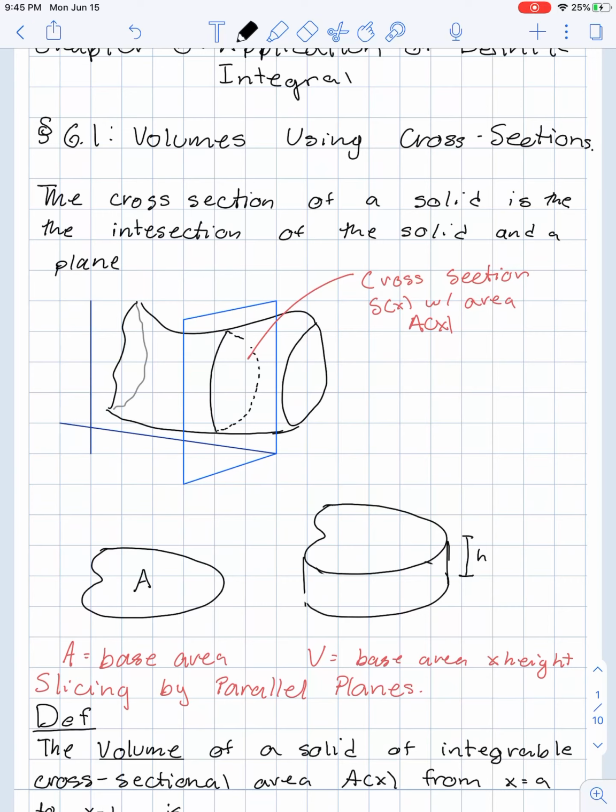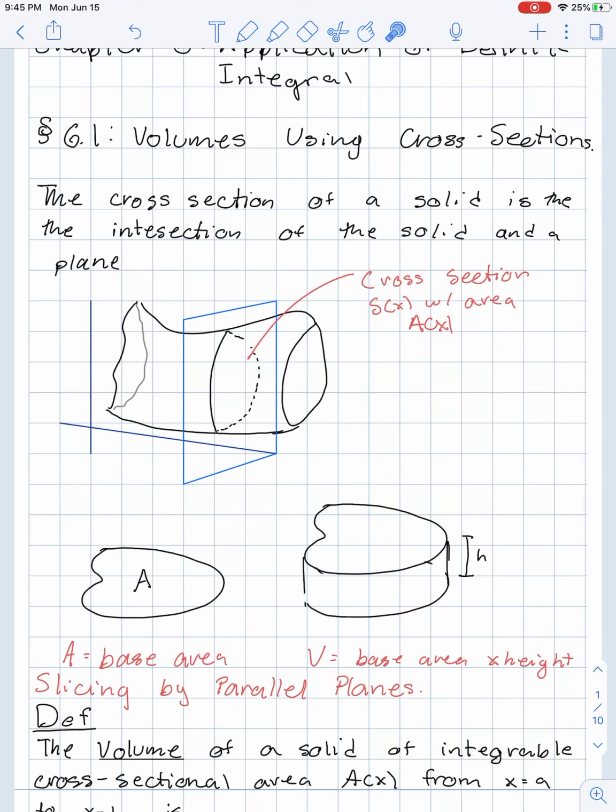So I have that base area times its height. Area is usually something squared and volume is something cubed. So I multiply my base area times my new height that I just created by pulling that cross section up, and I get volume. That's kind of the idea that we're going to use.